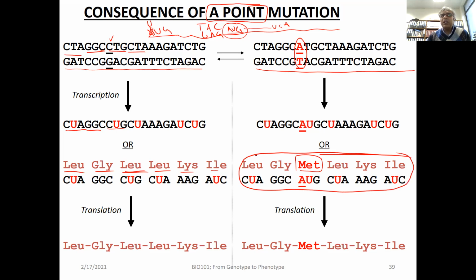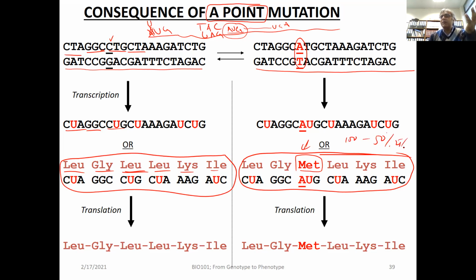Due to point mutation, this is in one individual, this is in another individual. If this leucine was a very important amino acid, this will show its consequences when this protein performs its function. It may not be 100% efficient. It may perform only 50% of the function, or 25% of the function, or may be quickly degraded.